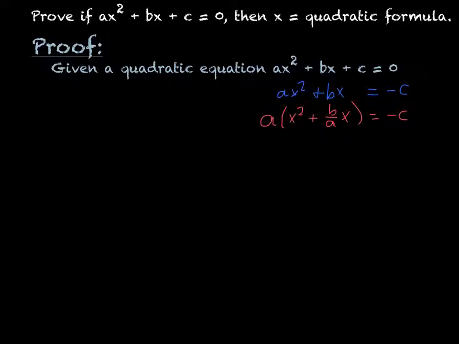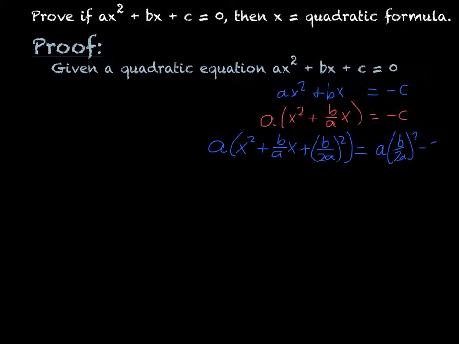Now we actually do the completing of the square, which would be a times x squared plus b over a x plus b over 2a quantity squared equals, if we do it to one side, we've got to do it to the other side, so that would be a times b over 2a squared minus c.